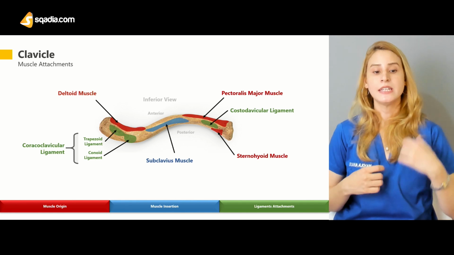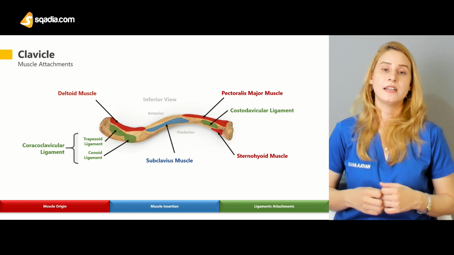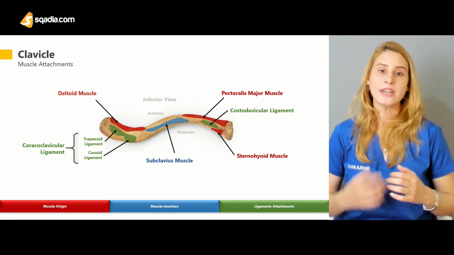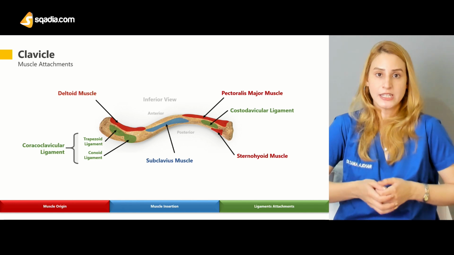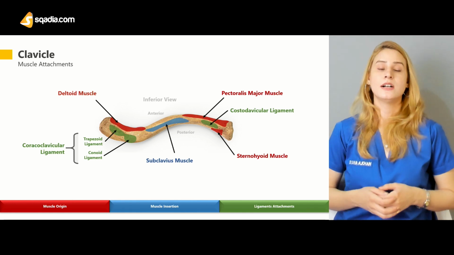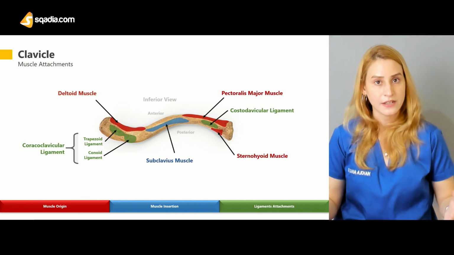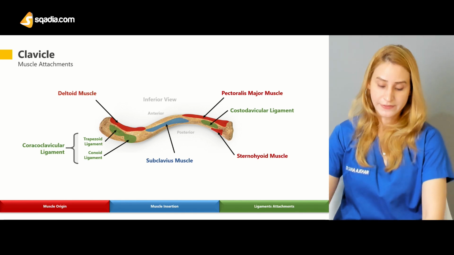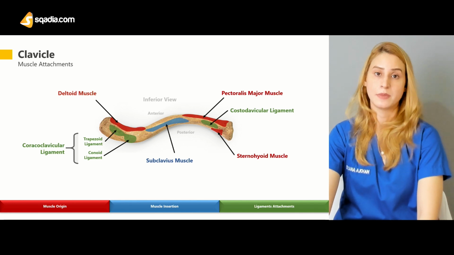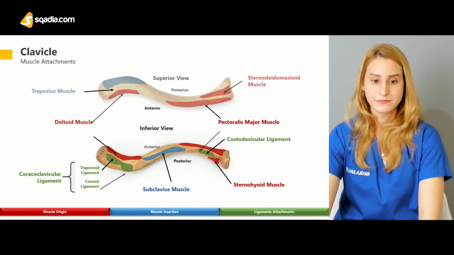Then you have the trapezius muscle, which is inserted on the clavicle, and trapezius is responsible for the shrugging of the shoulder. And then you have the important subclavius muscle and some of the other ligaments like the coracoclavicular and costoclavicular ligaments, which attach to the clavicle.